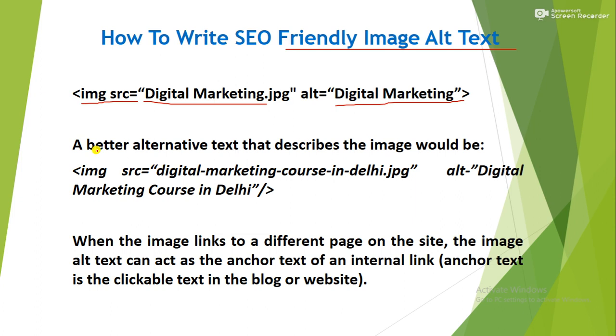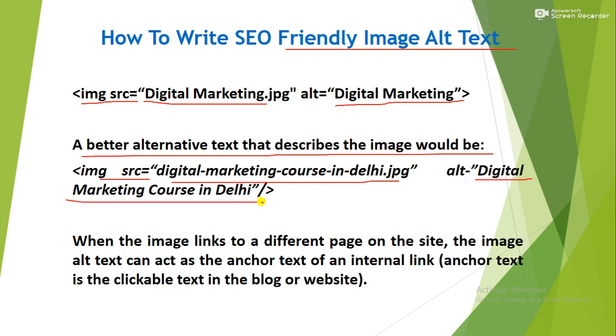So a better alternative would be this: when your image source is digital marketing course in Delhi, we have saved our file name like this, as I told you before, and after that you write the alt text like this, digital marketing course in Delhi. So it provides a better meaning to your image, as well as it represents your blog or your website.